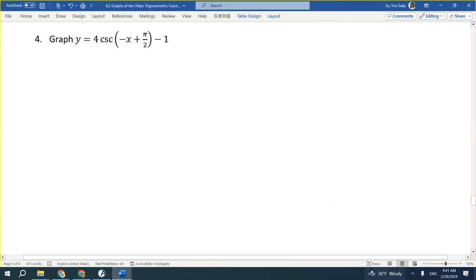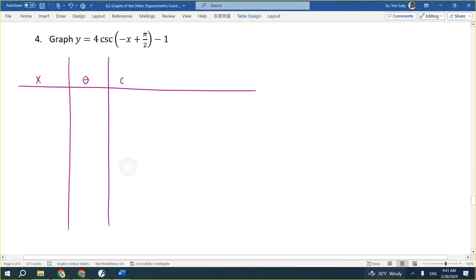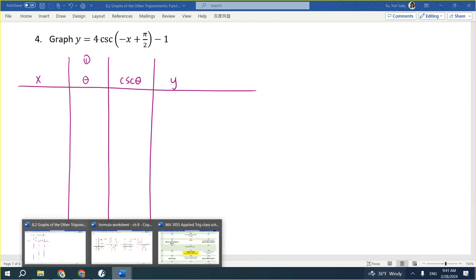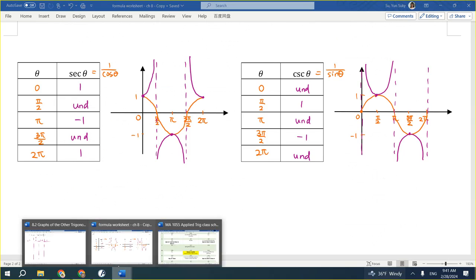Okay, so how do we draw this? Graph, table, and we have x, theta, but then the third column is what? Yeah, cosecant theta. And then the last one is y. First step, what are the theta values? Look at this. You copy exactly the same 2 columns over there. So 0, pi/2, pi, 3 pi/2, and 2 pi.